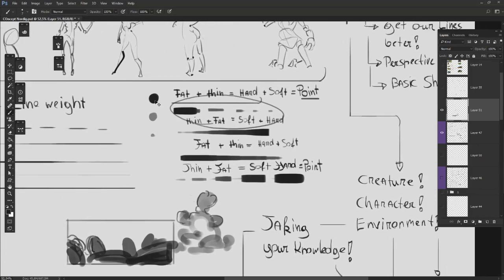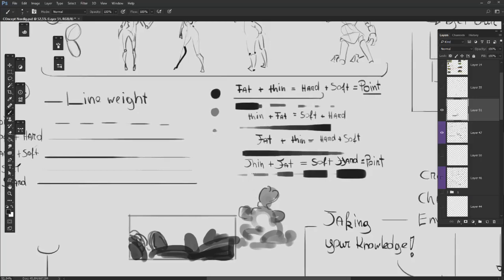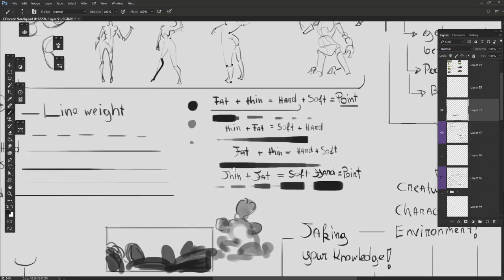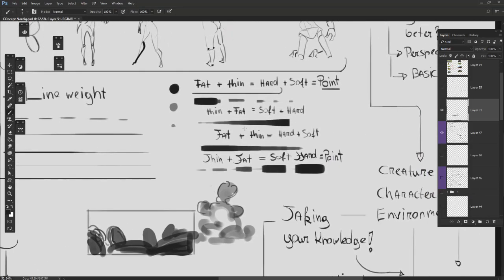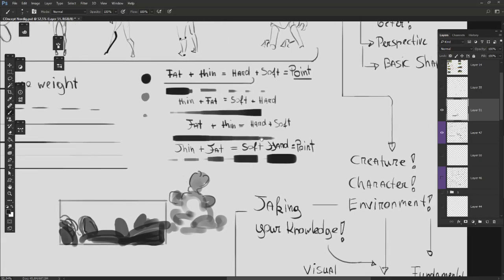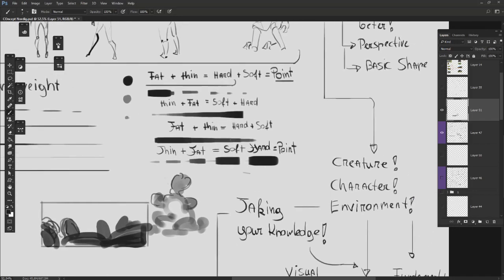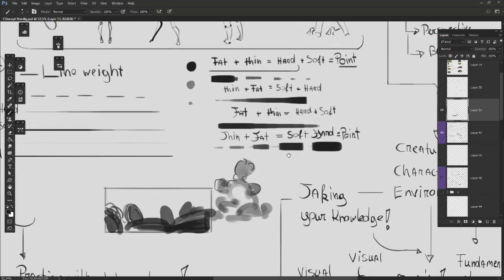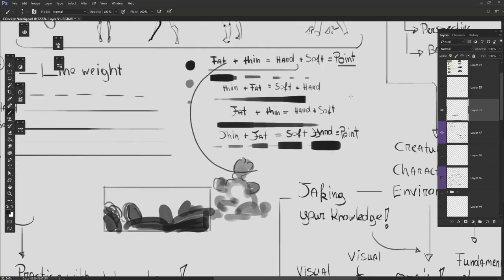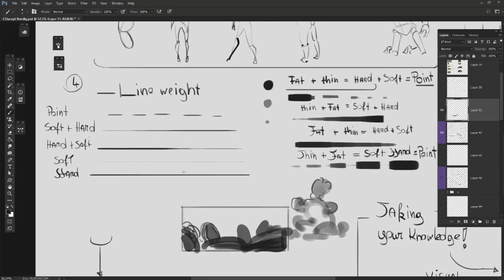And I think this is the hardest one versus the other one. But next one, you can go thin to fat, soft to hard, fat to thin, hard to soft, thin to fat, soft, hard points. So you can totally do all of this. There are so many varieties.